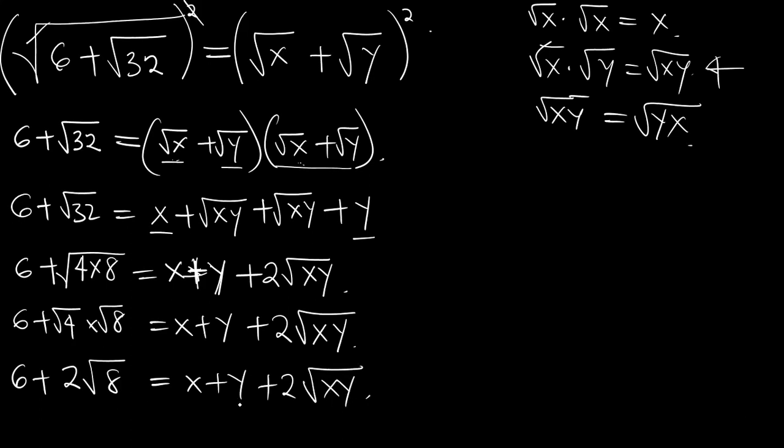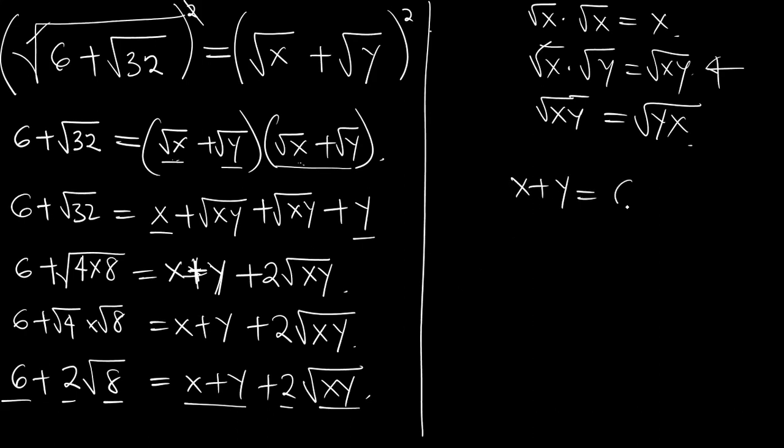Now, when you look at it, you have this expression which is supposed to be this, and you also have this which is supposed to be 8. If you look at it properly, you will see that here is equal to 2, and here is equal to 2. So that means x plus y is equal to 6, and x times y is equal to 8.